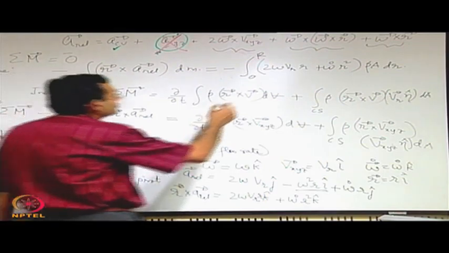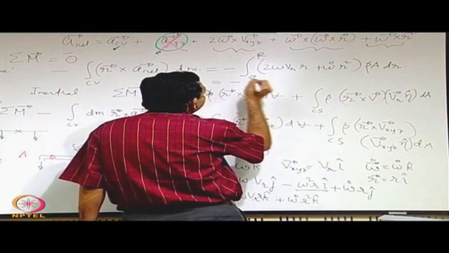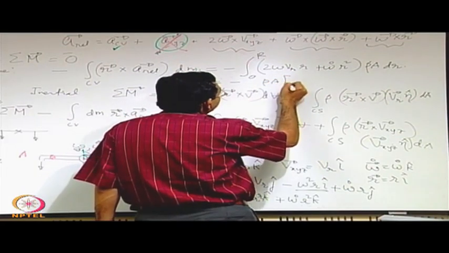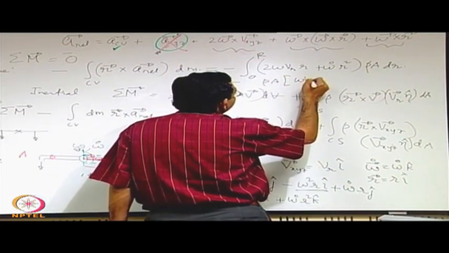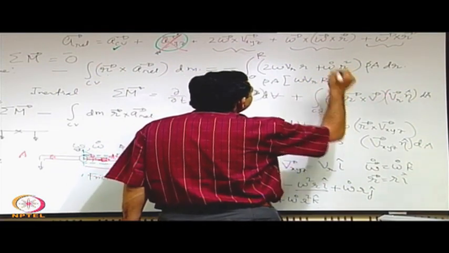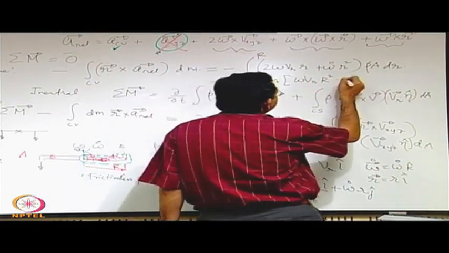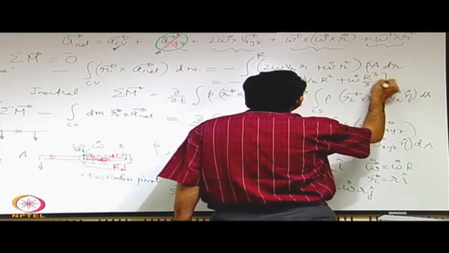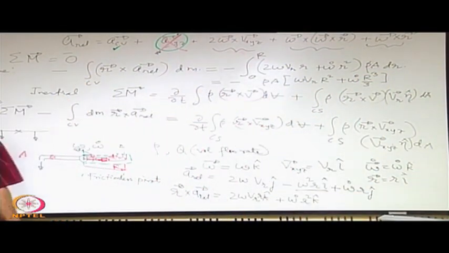So, that will become minus rho A omega V r capital R square plus omega dot r cube by 3. Okay.